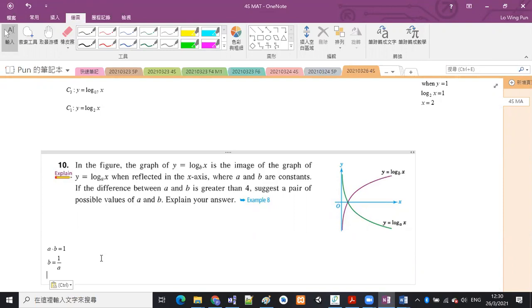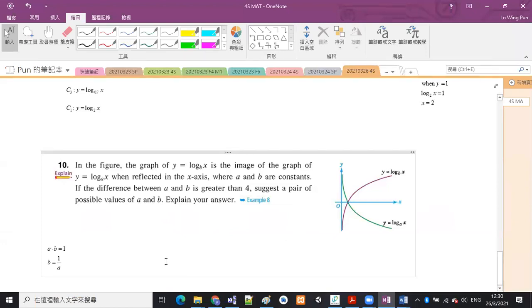But first we need to look at one more thing, which is which one is larger than 1 and which one is smaller than 1. An increasing function going up will be the normal case, the base larger than 1. In this case, it is the purple graph going upwards. That is the increasing function. So b should be larger than 1.